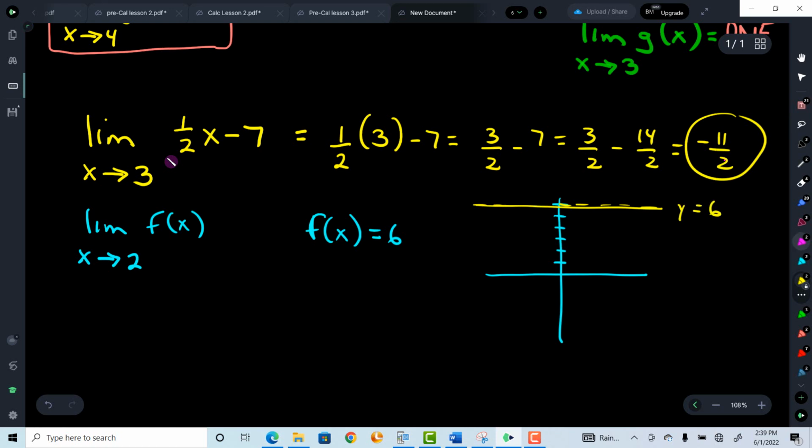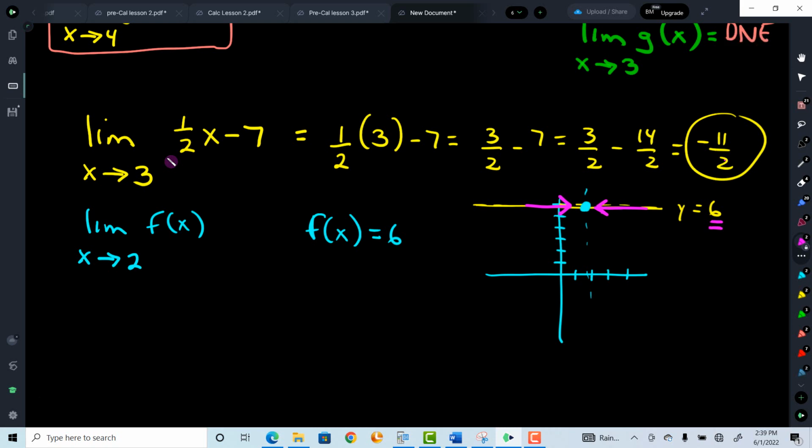Now, what's happening as x approaches 2? Here's my x approaches 2 right here. That would be the point there. What's our function doing? Well, as we approach 2 from the left, what's y approaching? 6. As we approach 2 from the right, what's y approaching? 6.